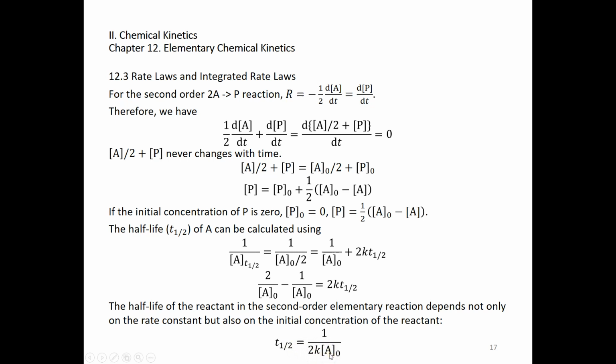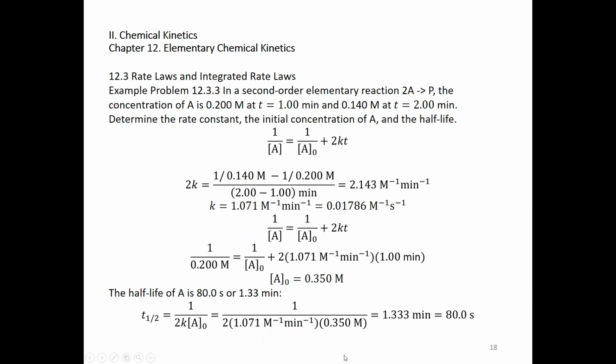Recall that for the first order reaction from A to P, the half-life is ln2 over k. The half-life of the first order reaction depends only on the value of the rate constant. But over here, the second order, this half-life depends on both k and A naught.